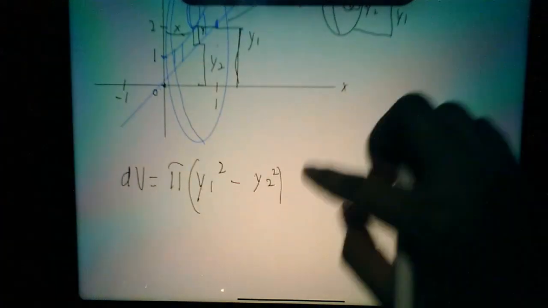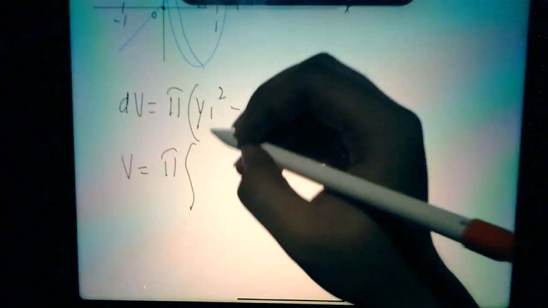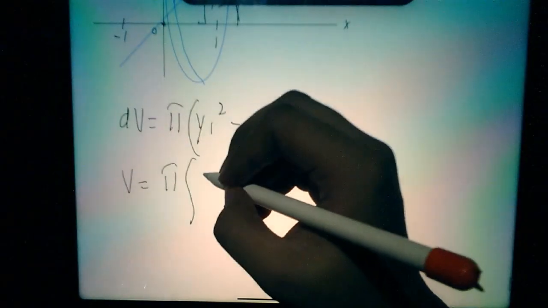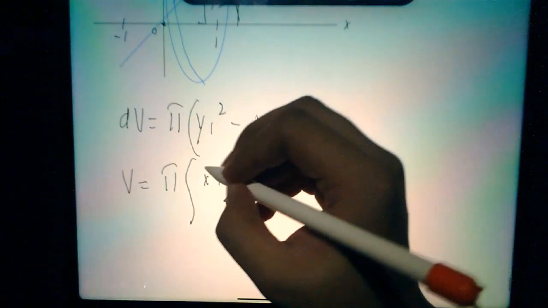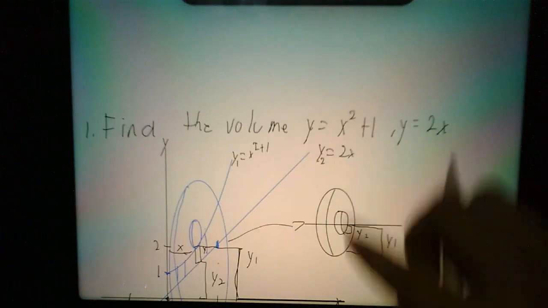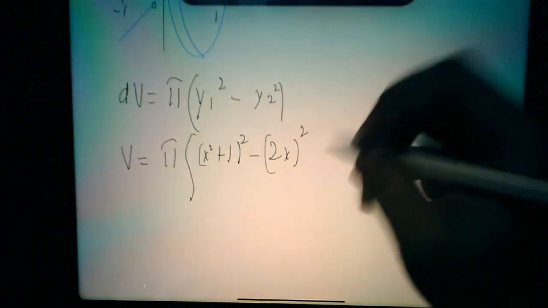By integrating this, our volume will become pi times the integral of x squared plus 1, squared, minus 2x squared dx. Now we're ready to integrate this.